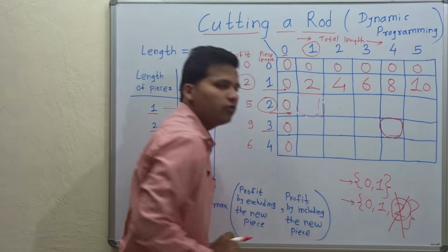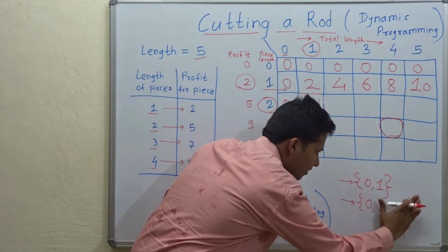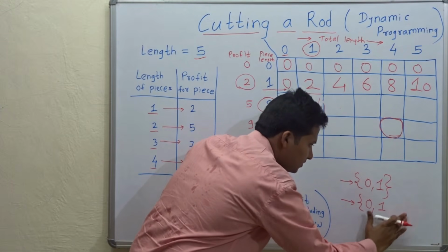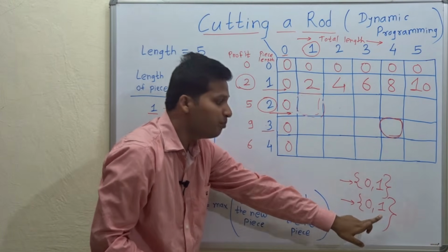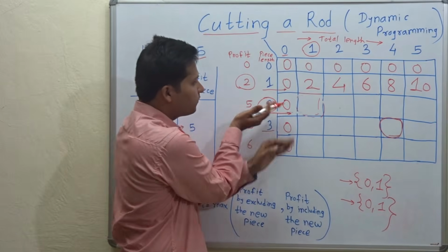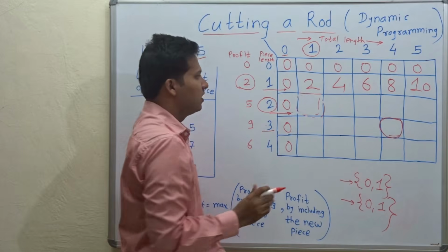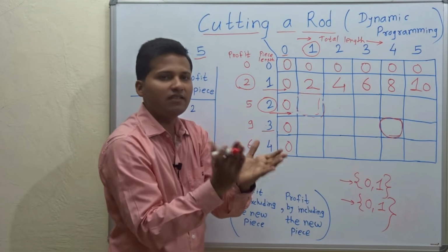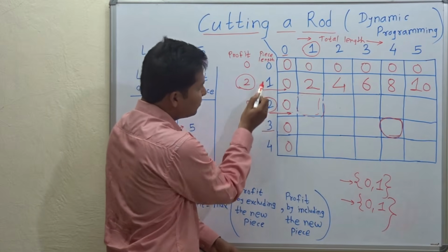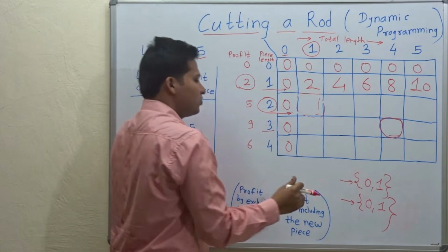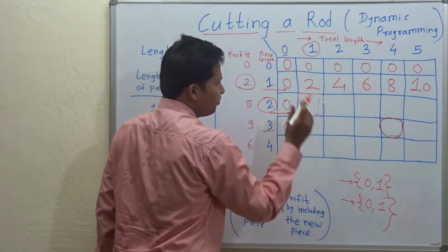This means the set is 0, 1, the previous set which was for the upper row. For the upper row the set was 0, 1. Set means the allowed piece length. So until the upper row 0 and 1 were allowed, till this row 0, 1, 2 is allowed. So that becomes the set of the upper row.